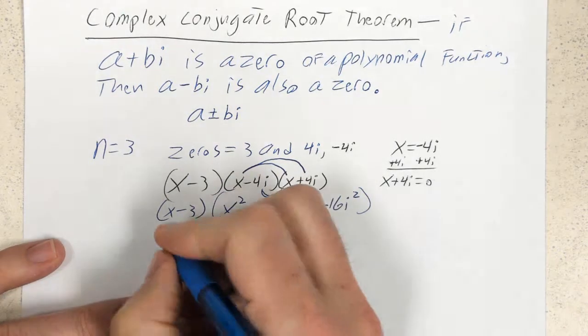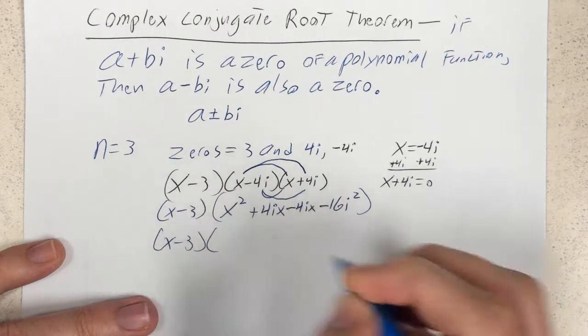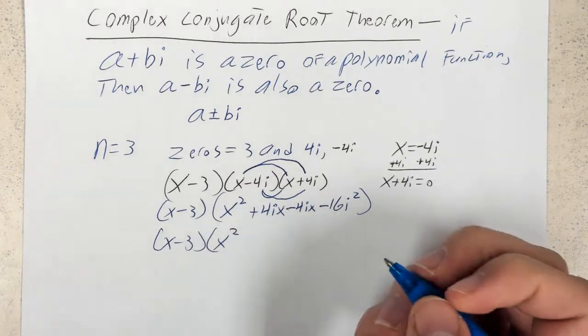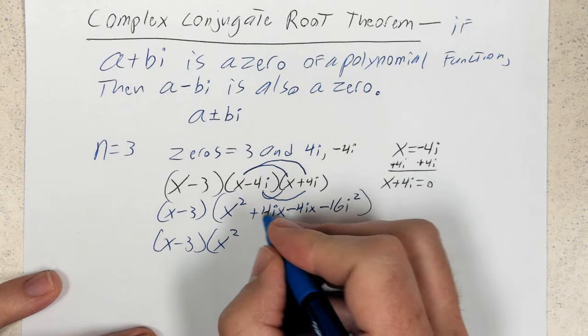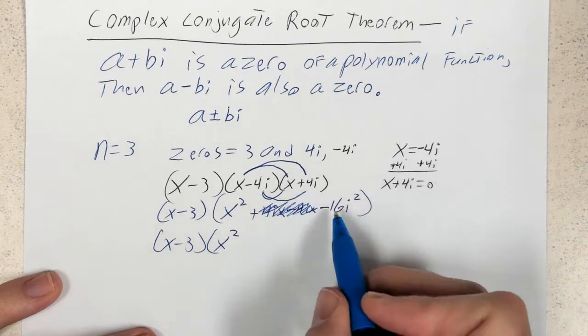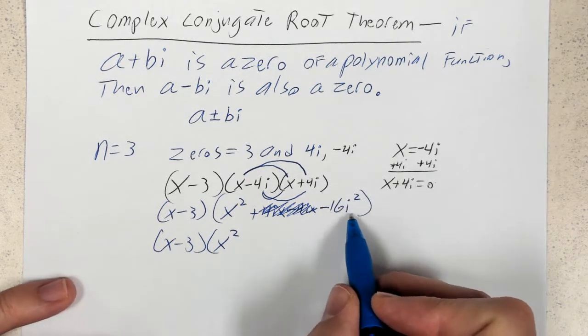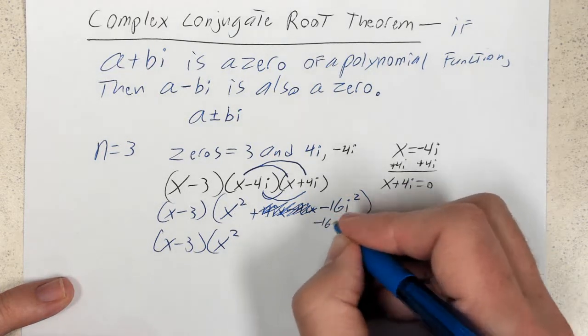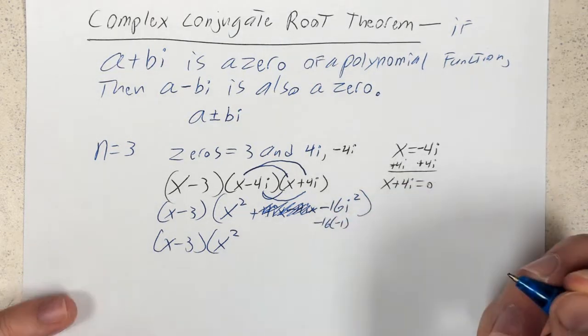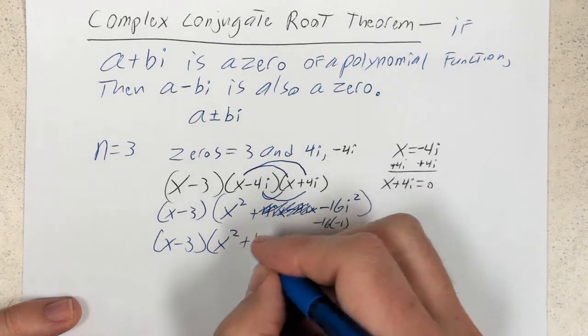Okay, so x minus 3 just comes down, and then we have x squared. Now positive 4ix, negative 4ix, those are going to cancel. And then what is negative 16i squared? I squared is negative 1, so negative 16 times a negative 1 is going to make plus 16.